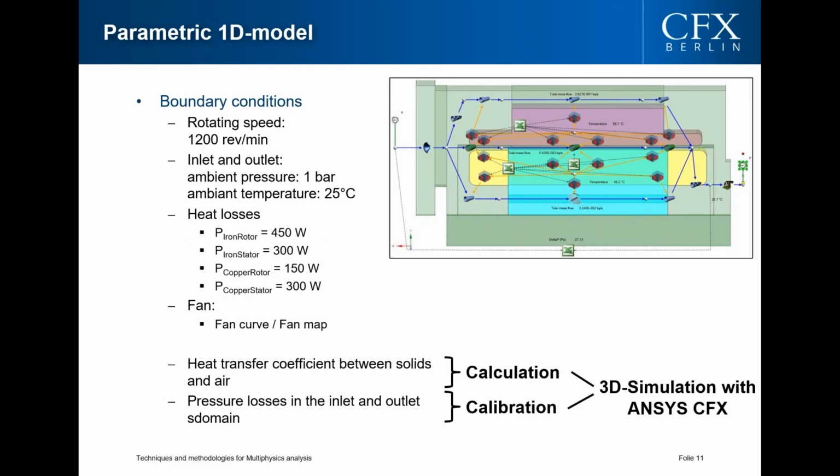For the pressure losses in the inlet domain and in the outlet domain, of course, the flow is quite 3D at this position. So it means with the 1D correlations you have in Flownex, maybe you won't be able to get the right pressure losses. So we use the 3D simulation to calibrate the pressure losses in the inlet and outlet domain too. Yes.